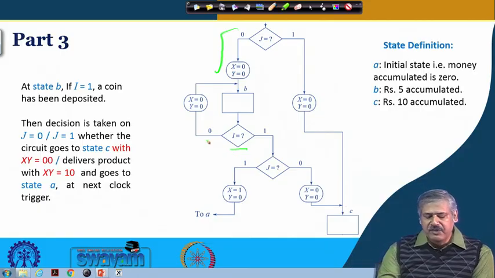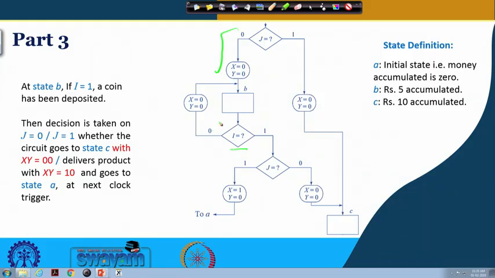So I is equal to 0, which means no coin has been deposited. So it will remain at state B, and no product will be delivered or no coin will be returned. That is what you see here, x is equal to 0 and y is equal to 0.